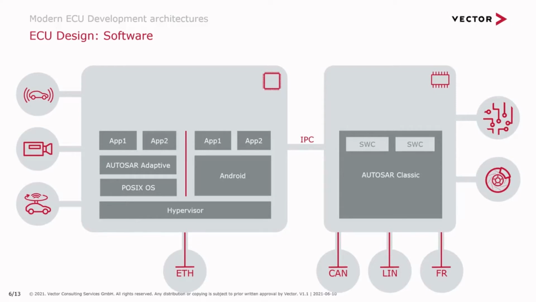We mentioned before that here we might have the necessity to operate multiple operating systems in parallel, and this leaves us with the necessity for components such as a hypervisor, which have become more and more standard or established within automotive architectures.